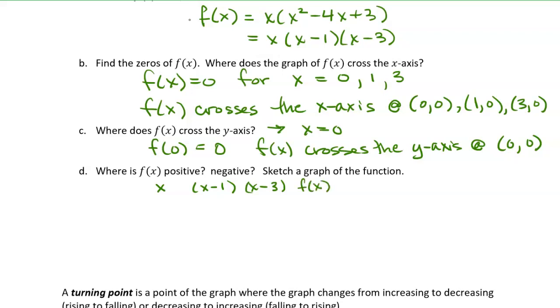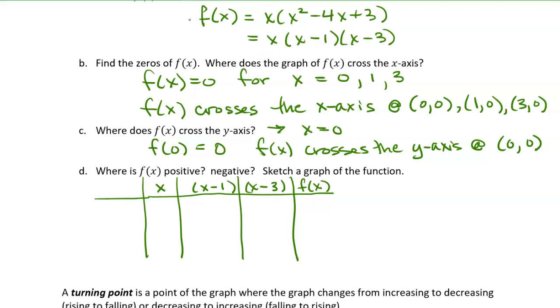All right. Now it's going to be different in different intervals. So I'm going to just make a little table here. I'm going to divide the domain into intervals, and the intervals are going to be determined by the x-intercepts, right? The places where the zeros of the function are, the places where the function crosses the x-axis.